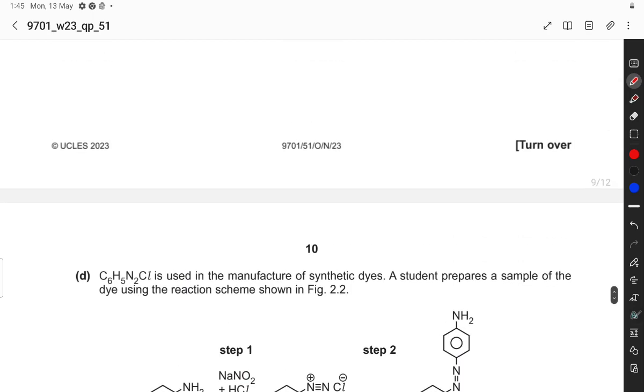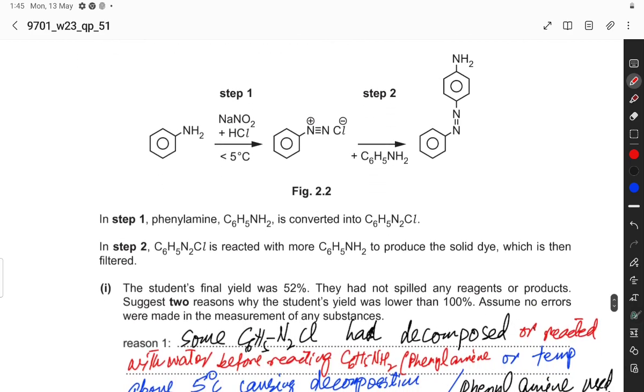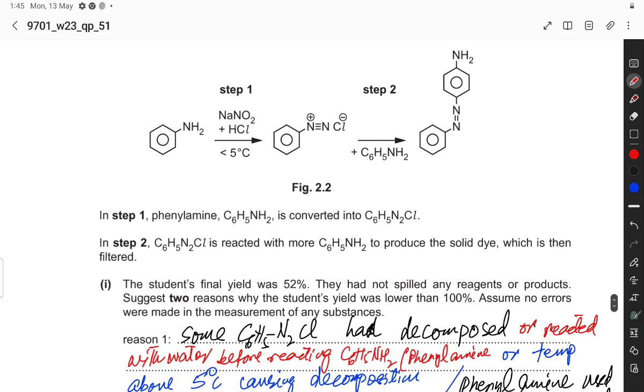Benzene diazonium chloride is used in the manufacture of synthetic dyes. A student prepares a sample of the dye using the reaction scheme shown in the figure. So this is phenylamine, plus in step 1 NaNO2 plus HCl to form HNO2, which reacts with this compound to form N2Cl.